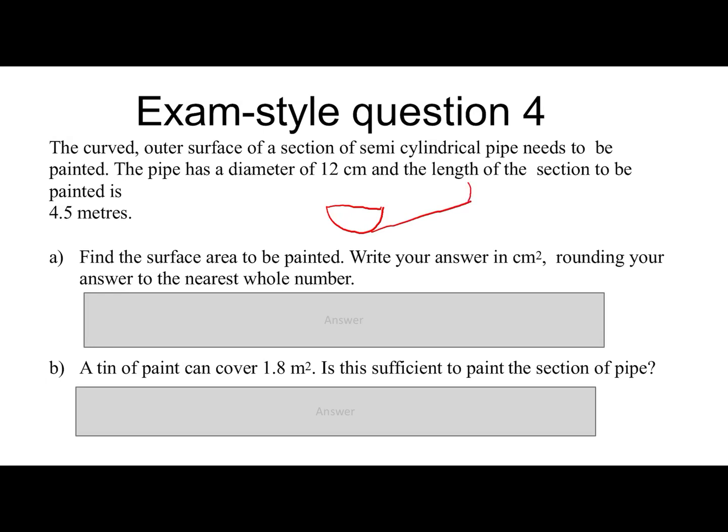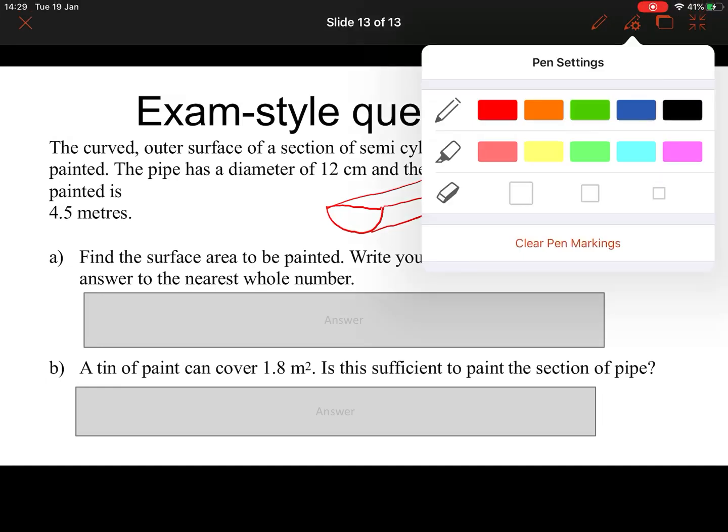Okay. And that will look like this. Okay, it's half a cylinder, and all that I need to paint is the curved outer surface, the curved surface.